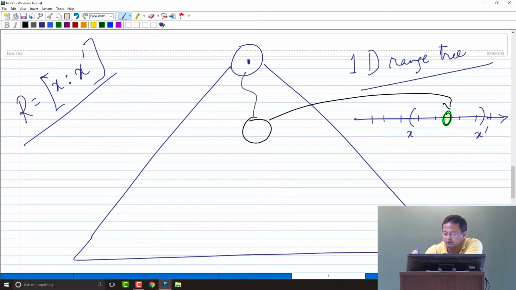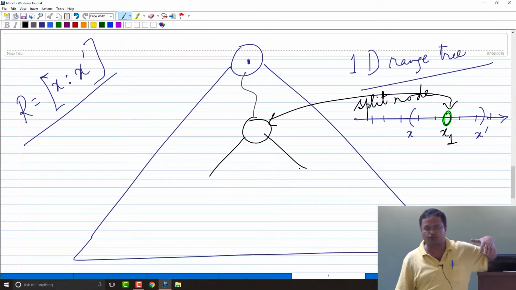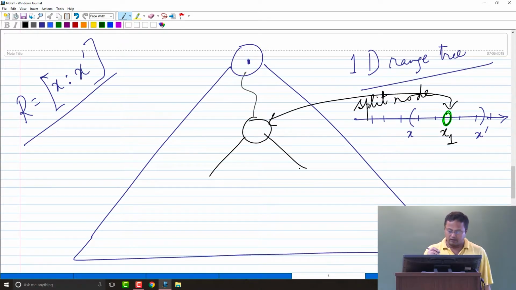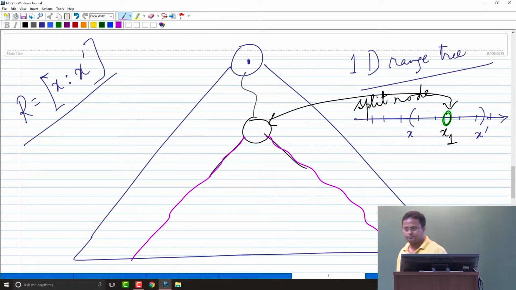Let us call this node the split node. There is a value stored here, let that be some x1. After the split node, I have to keep searching in both directions. On the left I should search with x1 and x, on the right I should search with x1 and x dashed, agreed. Okay. And this search path would evolve like this, to finish somewhere.